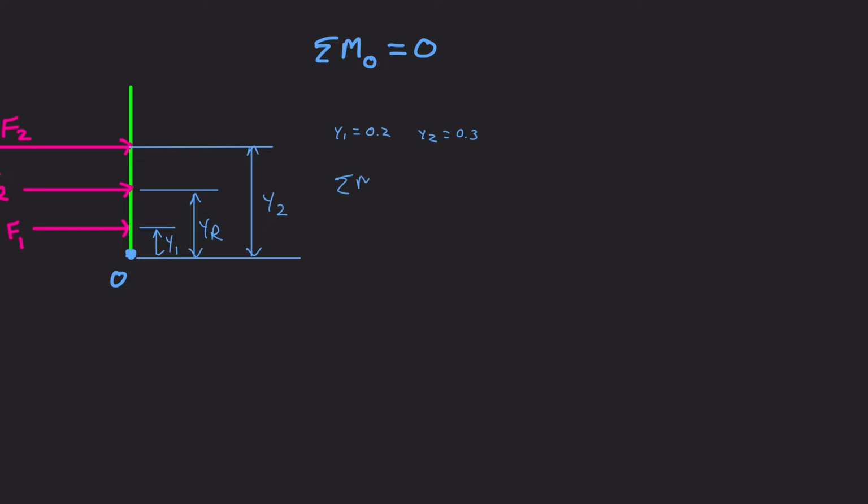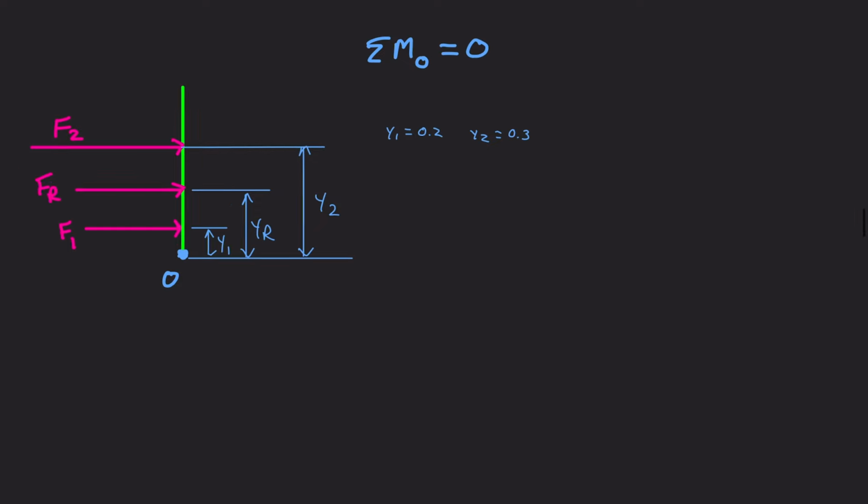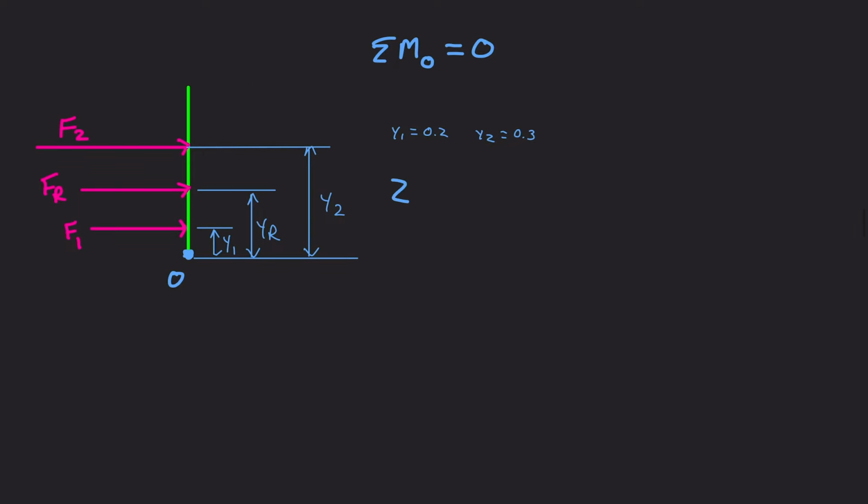Sum of the moments. Let me make that a little bit bigger. Sum of the moments equals FR YR. And that also equals F1 Y1 plus F2 Y2. Okay? So now we have a nice equation that we can solve for YR.